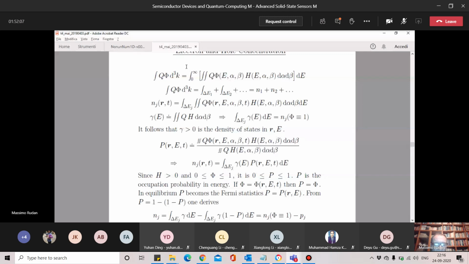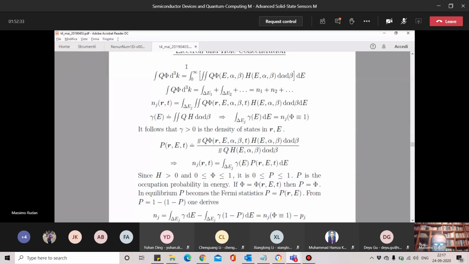So if you compare the expression of the third line of n sub j with the expression that is a little bit lower, near the double arrow, you see that we have found an equivalent expression of the concentration of the electrons.